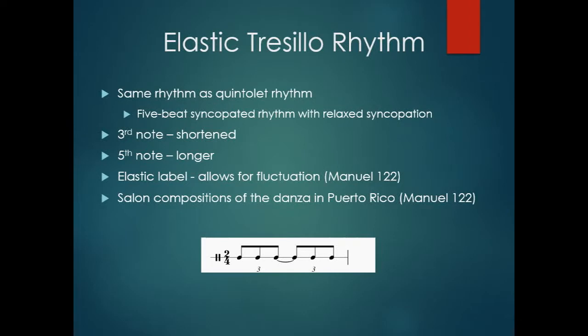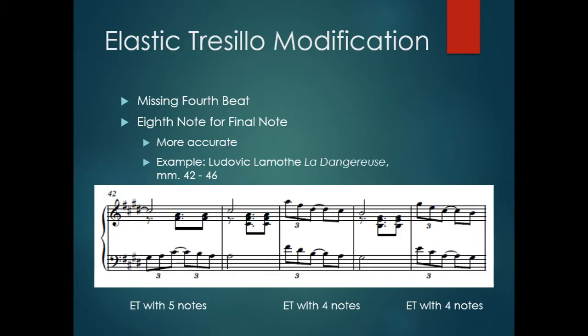And in Puerto Rico, this rhythm was first used in salon compositions of the danza. Sometimes the elastic tercio has a modification: sometimes the fourth beat is missing, and for the final note it uses an eighth note.